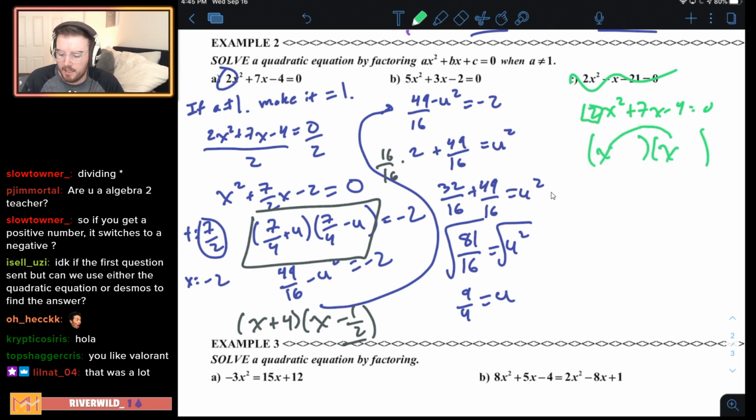Because x times x is just x squared. Where's the 2 going to come from? So just jumping straight into it with 7 and -4 just isn't going to work.